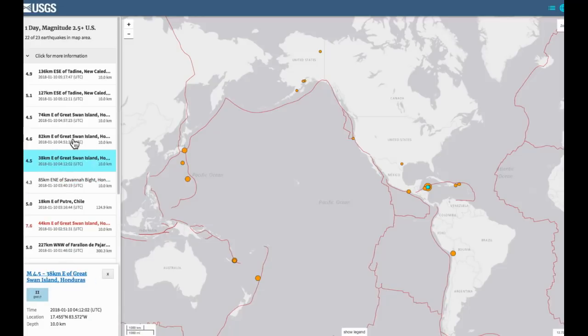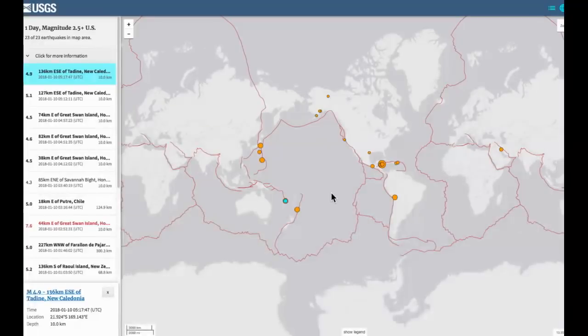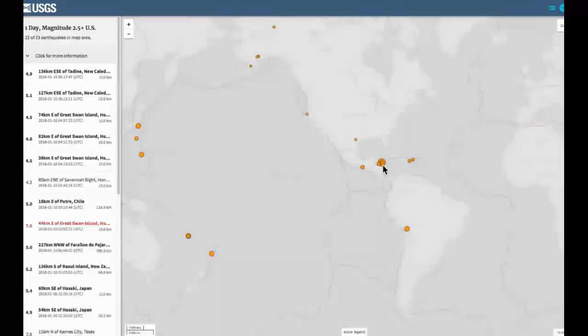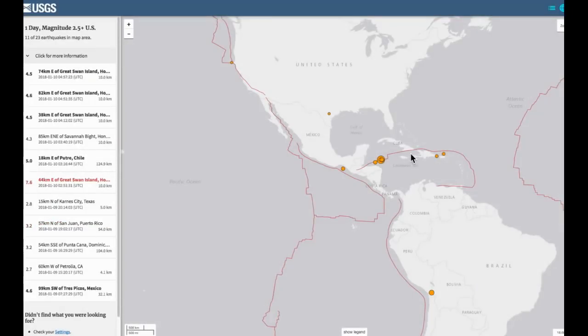And then I've noticed that a lot of the earthquakes in the last day or so are right on these fault lines. We've got them right along Japan by the fault lines there. And there were several other ones earlier today that were right on the fault lines.